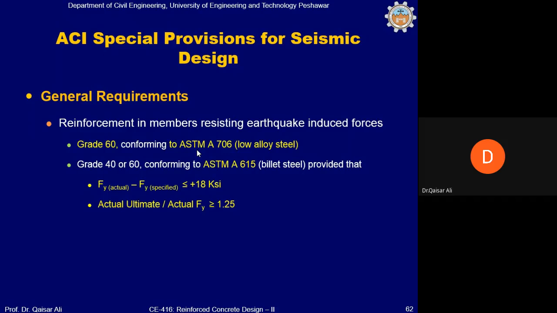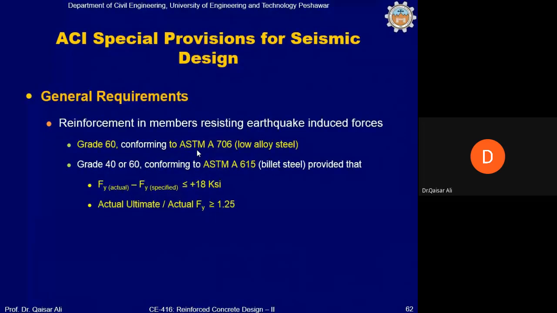Okay, so if we are using grade 40 or 60 steel, then there are two further requirements of the code. The difference between the actual yield and the specified yield shall not be more than 18 KSI. Which means that if you test a steel bar collected from the site, and it comes out to be, let's say, 70 KSI, and it is grade 60 steel.